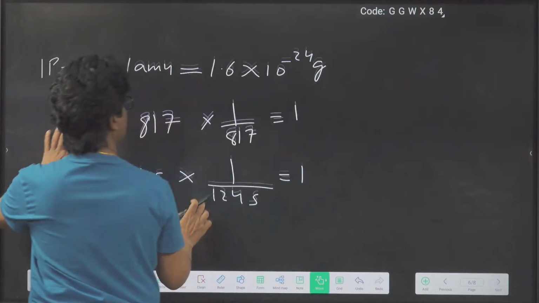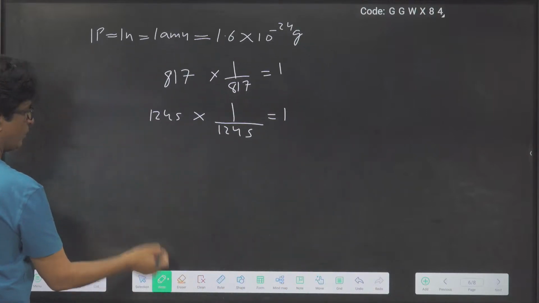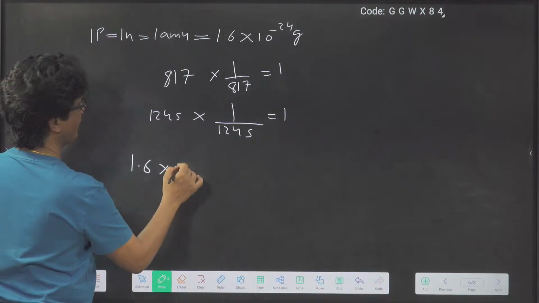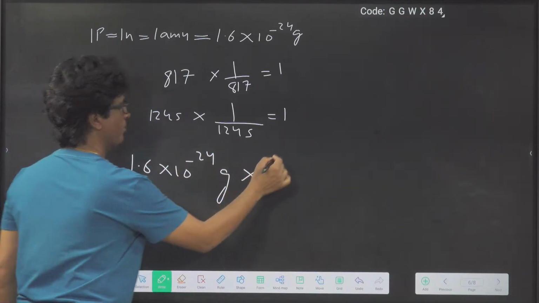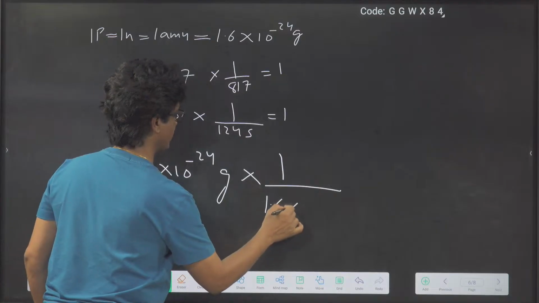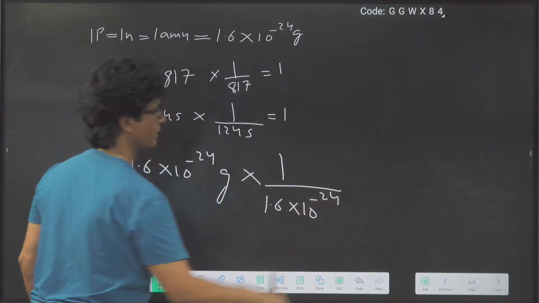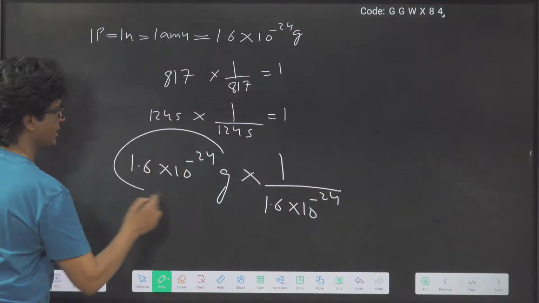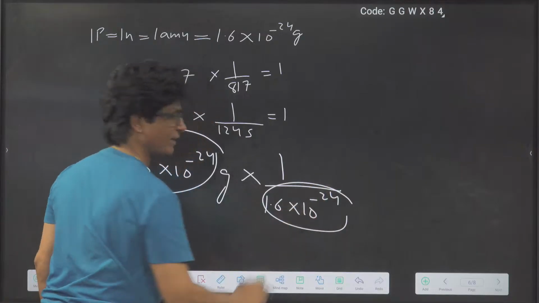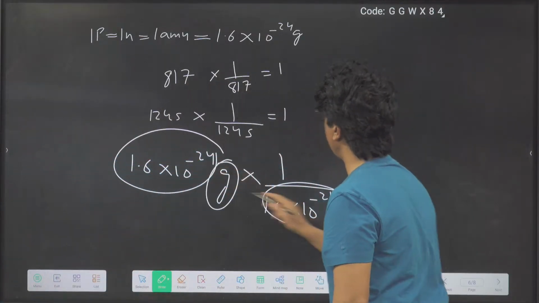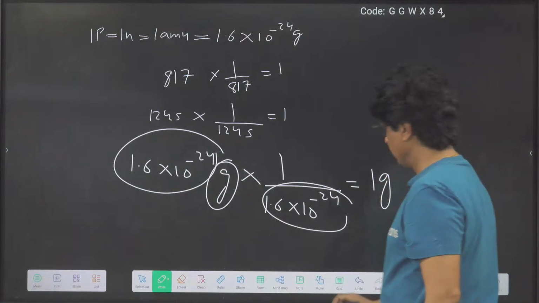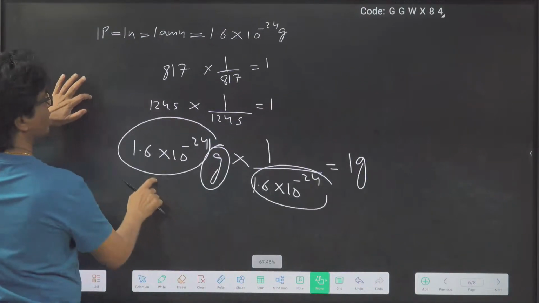So we have 1.6 into 10 to the power of minus 24 gram, and if I multiply by the reciprocal, this will become 1, and we have gram here, so it becomes 1 gram.